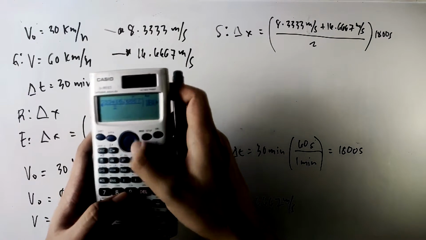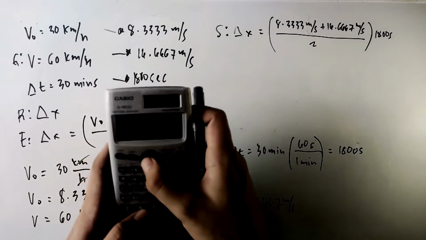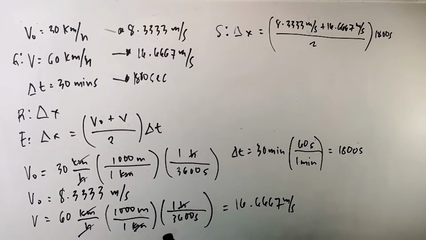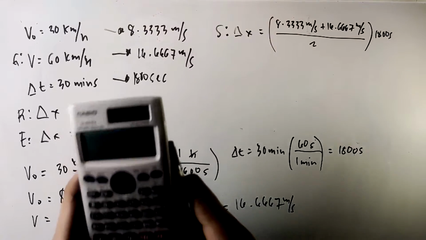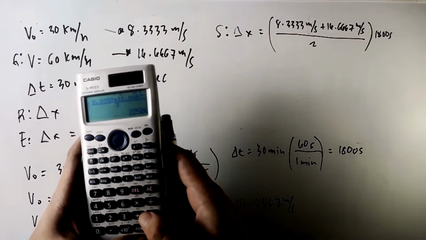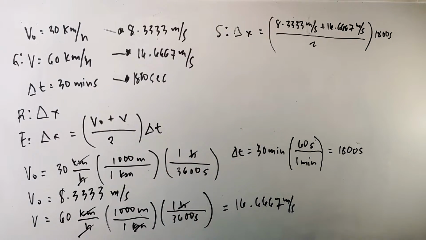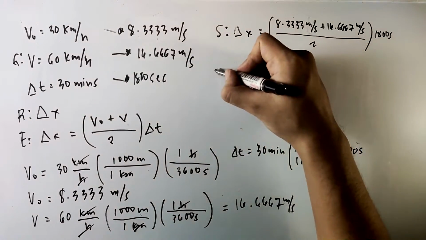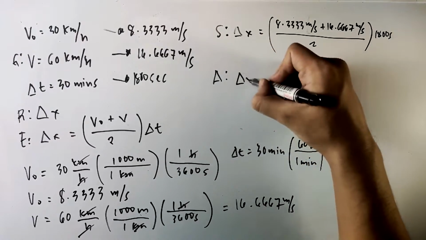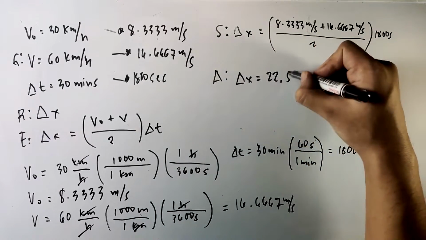There you go. So what's the answer? Oops, syntax error. Let me check that again. Yeah, here. So what's the answer? 22,500. So delta x is equal to 22,500.